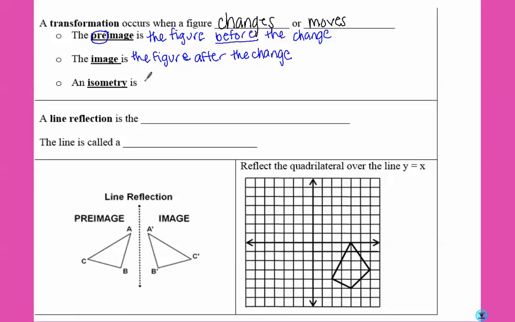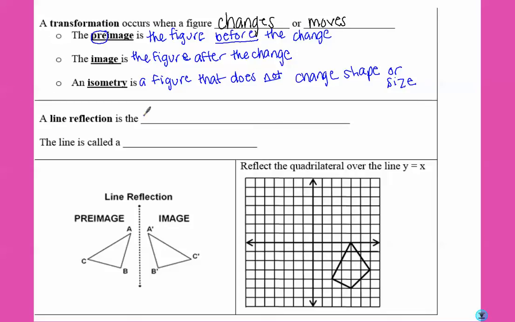And an isometry is a figure that does not change shape or size. So the first type of transformation we're going to talk about is a line reflection.